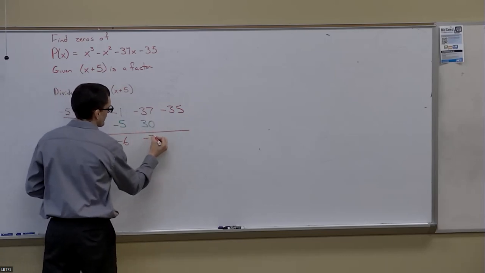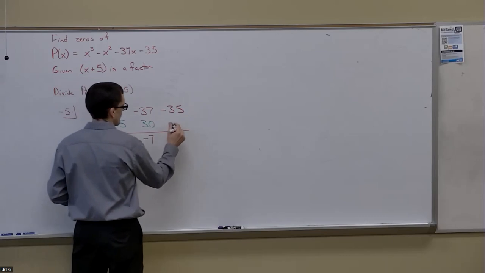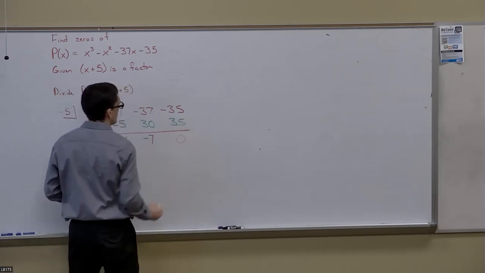That gives me a -7. When I add those two up, -5 times -7 is a +35. And when I add those two up, I get 0.